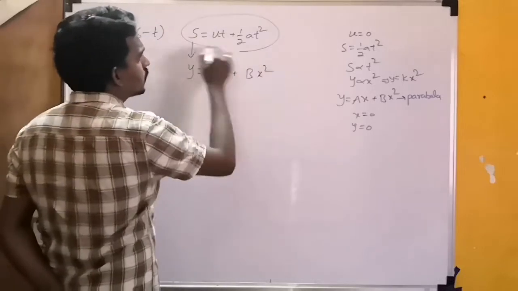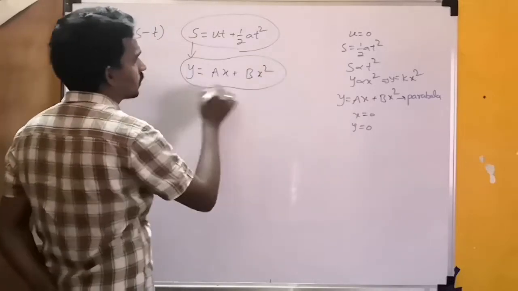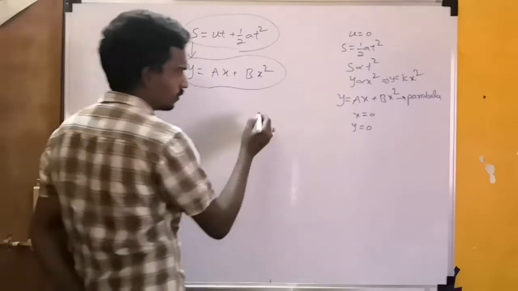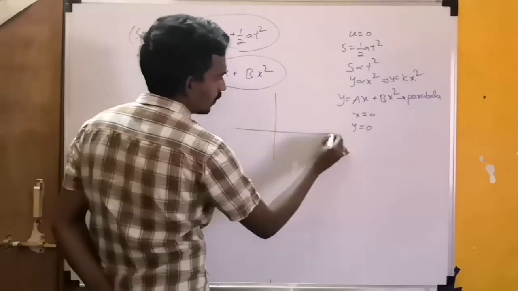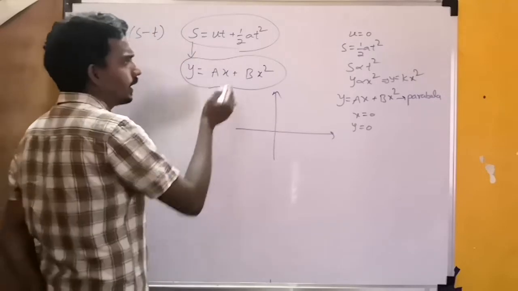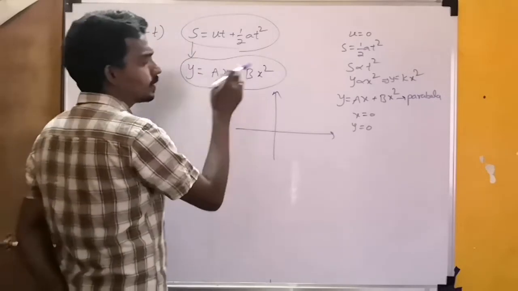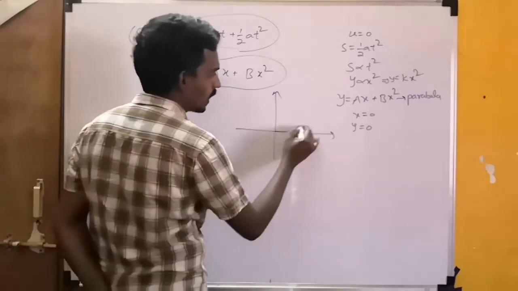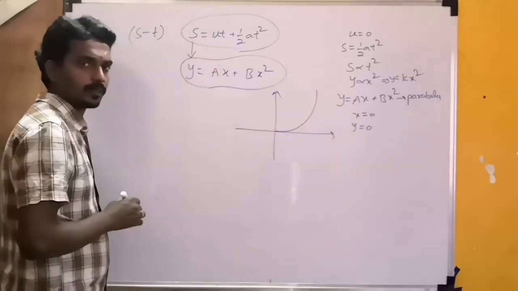So if you take this one, it is like this. If you draw the graph, it is like y depending on x square, so the graph looks like this only.